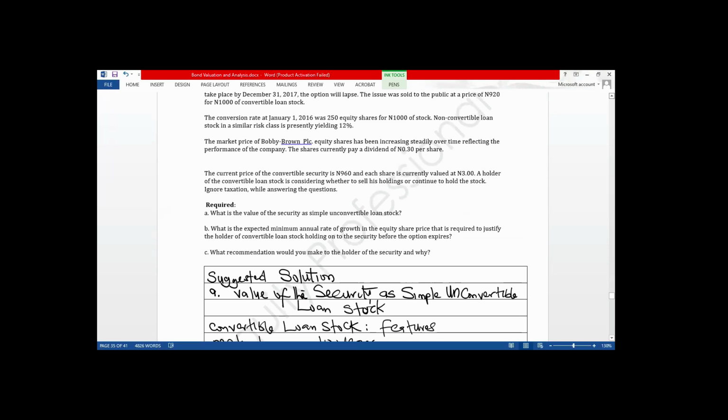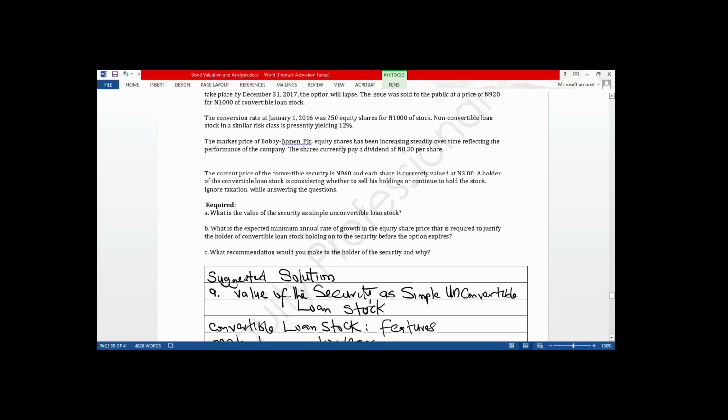What I pick up on what Nusa is saying is that since the order has three alternatives, we need to look at the benefits. We need to compare the benefits of the three alternatives now. The first alternative is that the order can decide to dispose of the security now and collect 960.